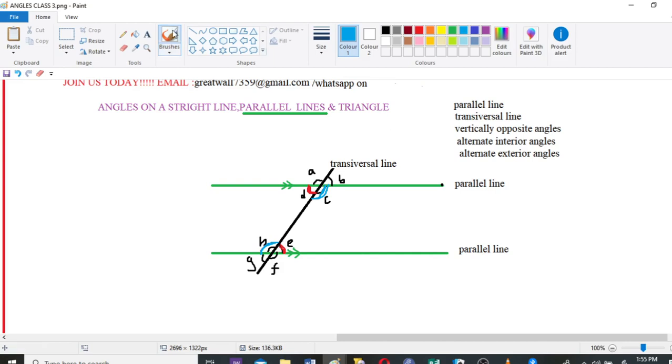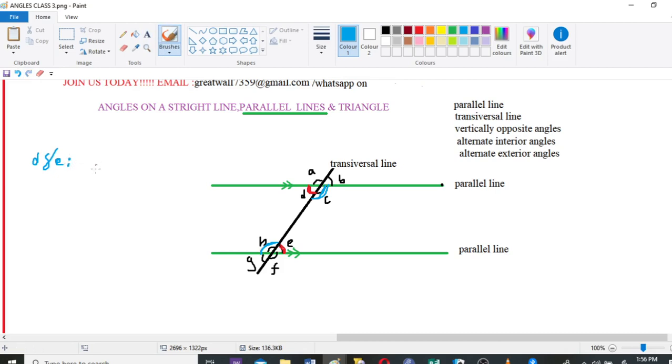So we are saying angle D and angle E, these two angles are alternate interior angles.